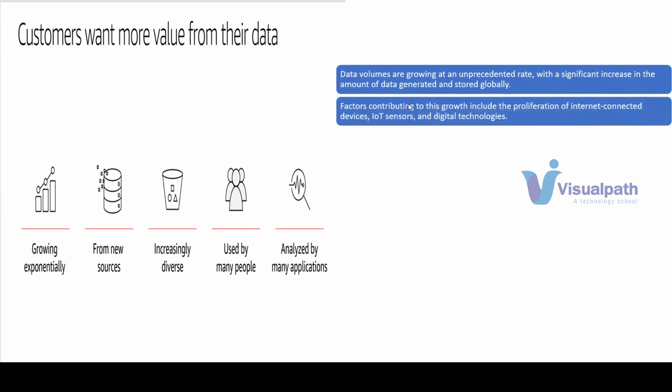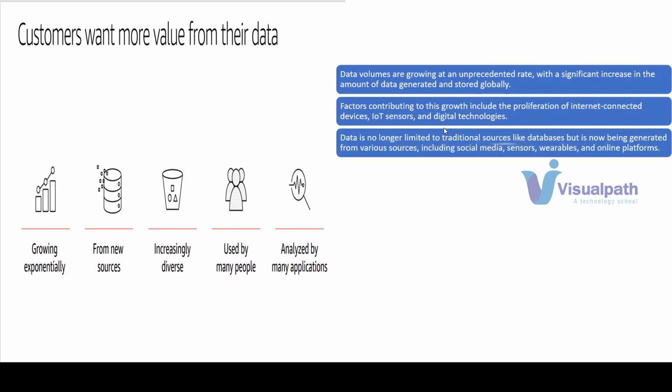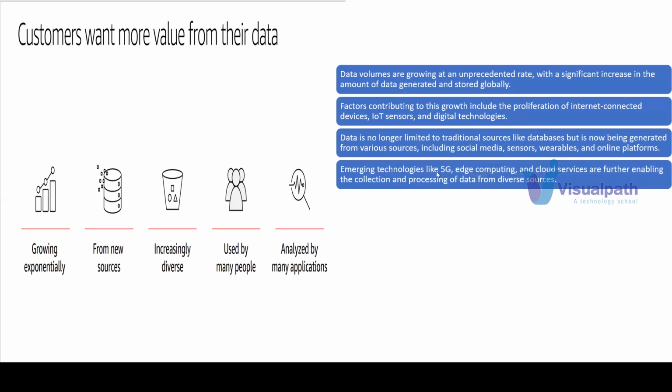And the second thing is why this data is being generated: it is being generated by your IoT devices and digital technologies. Data is no longer limited to traditional databases like Oracle and all, but it is generated from social media, sensors, and online platforms as well. When you are using your mobile, you are using your 5G, right?